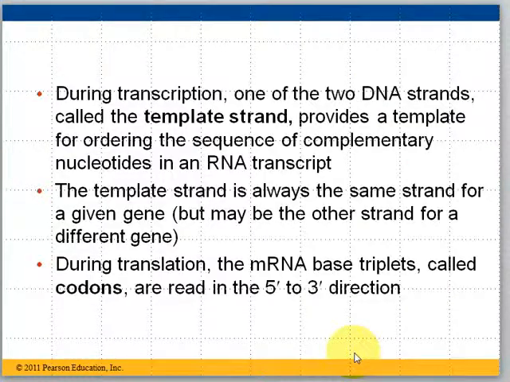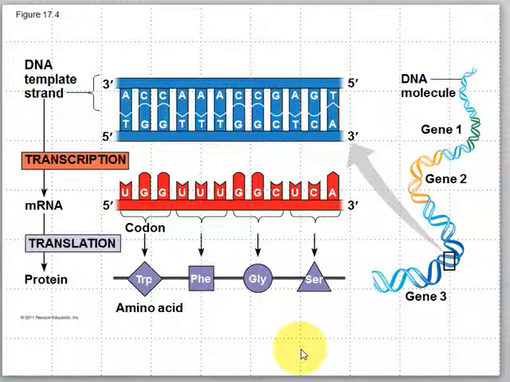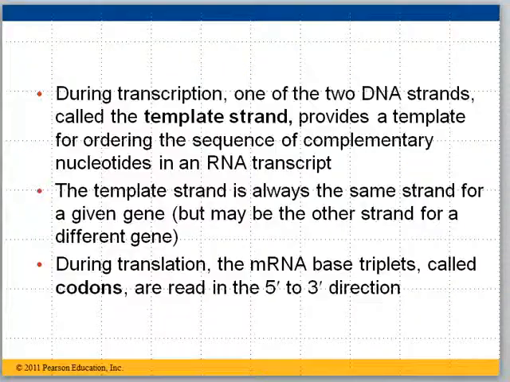During translation, the messenger RNA base triplets called codons are read in the 5' to 3' direction. So similar to what we talked about creating DNA, it works in one direction from the 5' to the 3'. The messenger RNA works similarly, and it reads this template in that direction from the 5' to the 3'. So you see that this set is matching to the template strand up here.